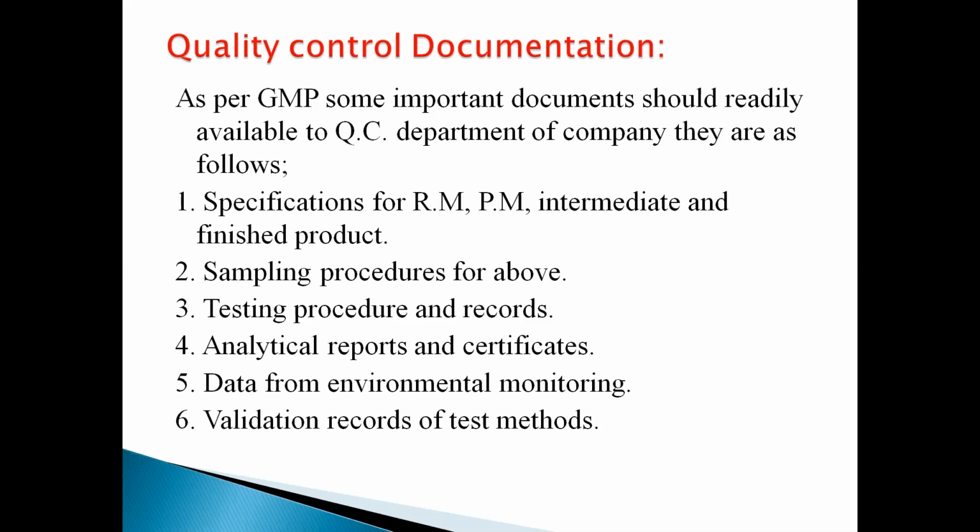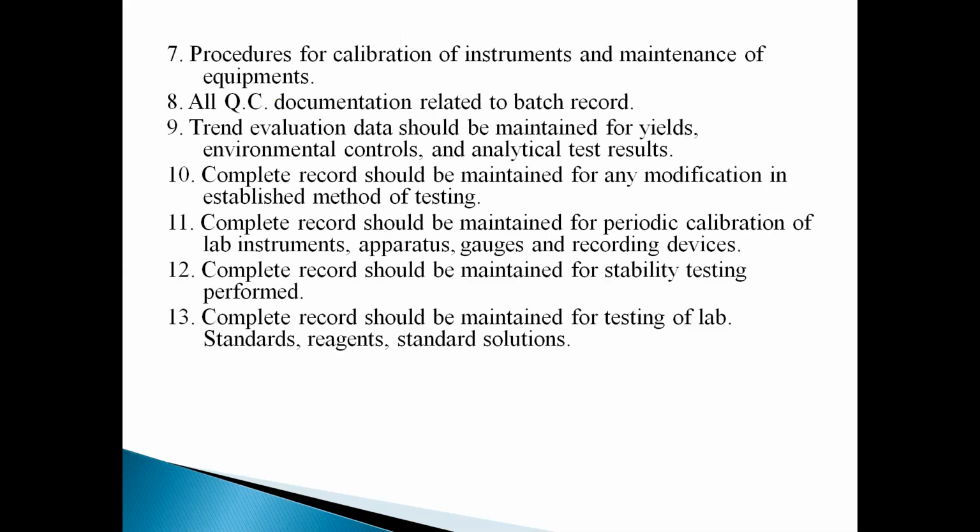Then sampling procedures for the above compounds, testing procedures and records, analytical reports, certificates, data from environmental monitoring, validation records of test methods, and the seventh one is the procedure for calibration of instruments and maintenance of the instruments or equipment.